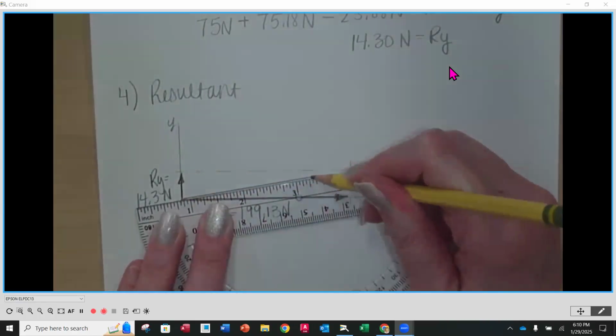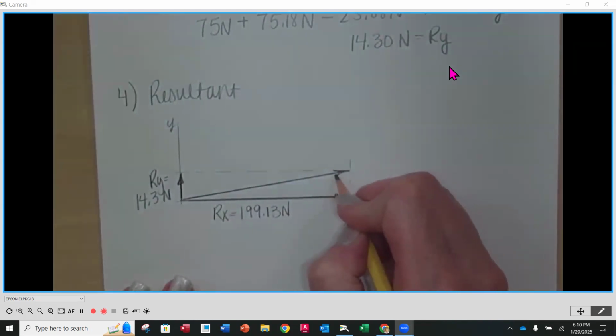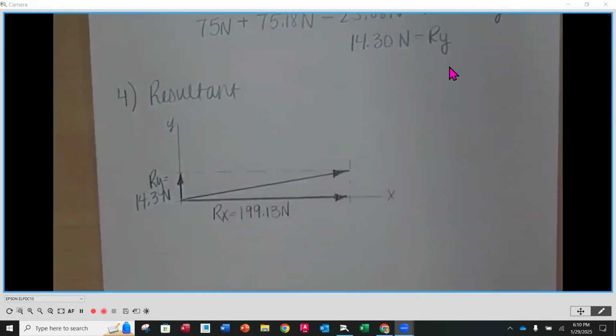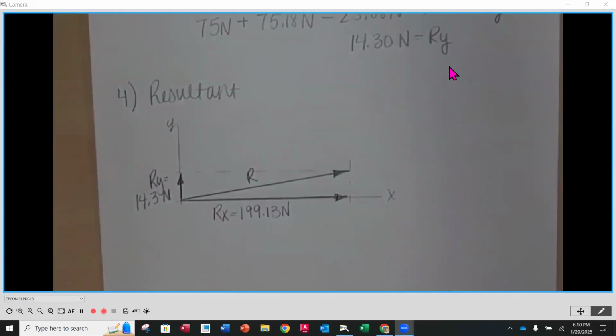The tail of my resultant is going to start at the origin and the tip is going to point to that intersection that I just created. Now, if you're pretty good at drawing lines horizontally and such, that's totally fine to freehand it. But if you know that you are challenged with that, then a straight edge is good. Then you're going to label this. This is the overall resultant, so it's just going to be called R.